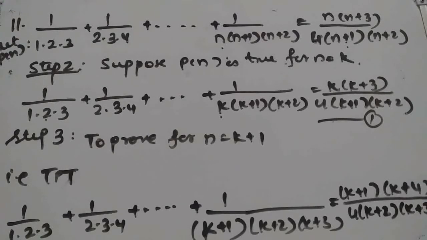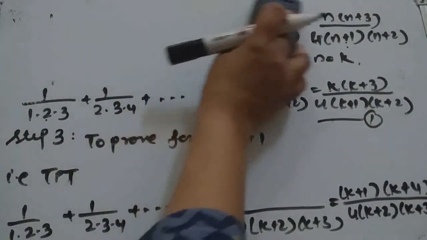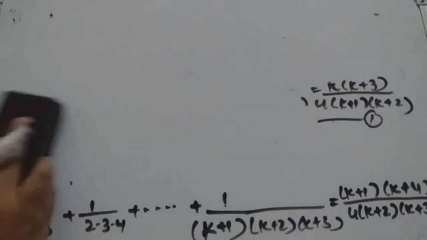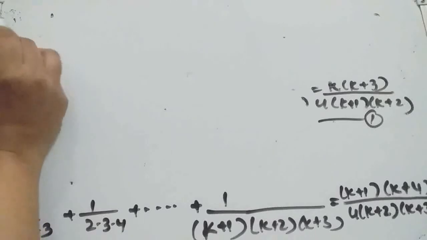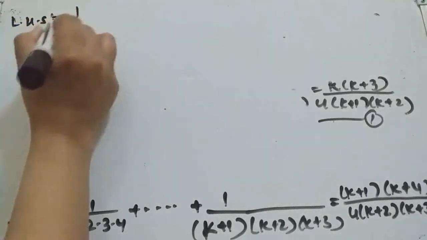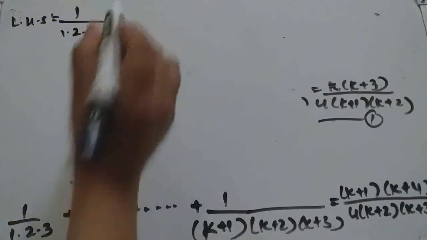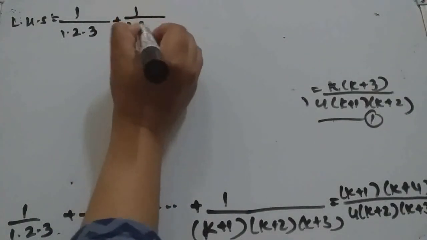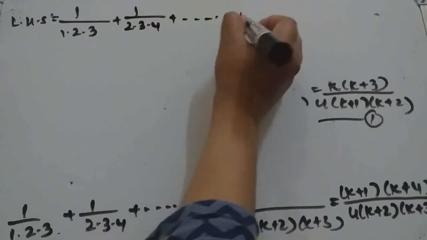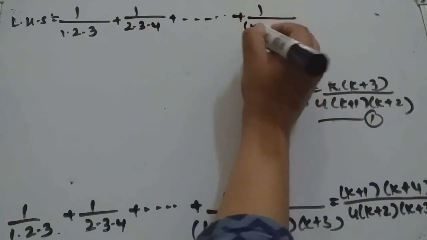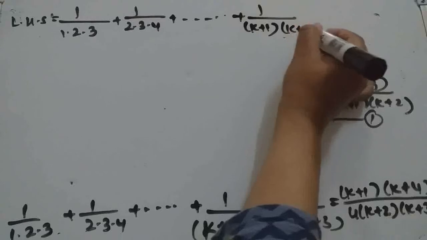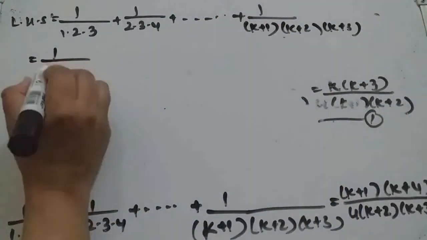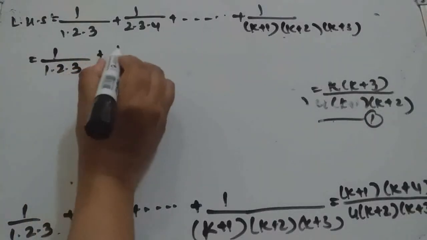So we will consider left hand side. Now if you observe here, in each term difference of 1 is there. So to find previous term, we should subtract 1 from each of the bracket.